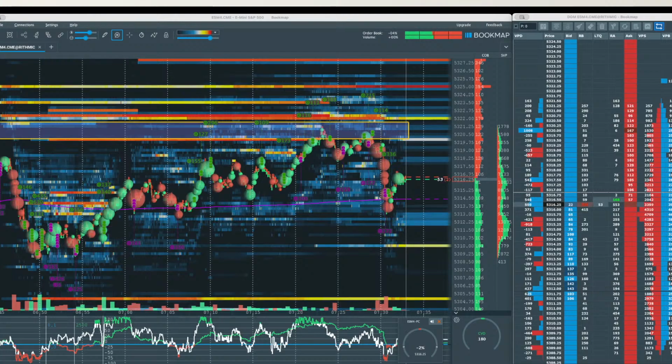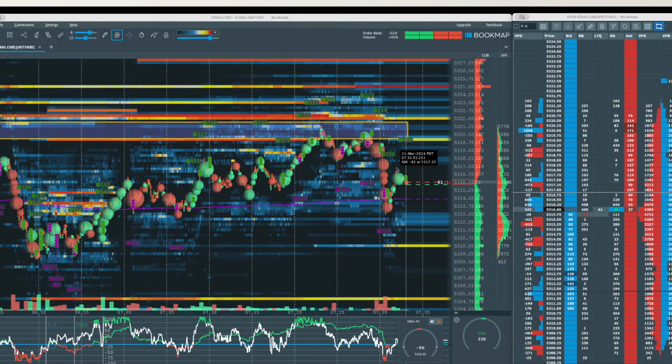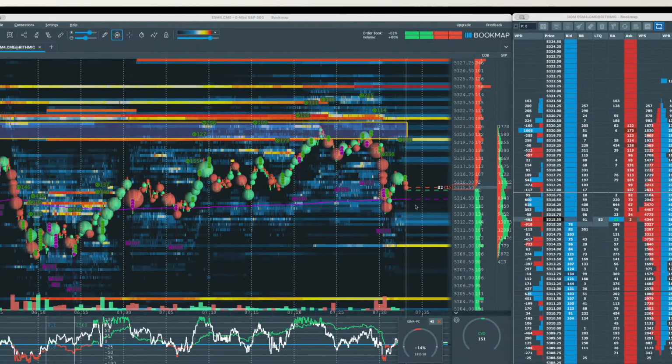This is some resistance here. Buyers are still strong. Sweep ESM for CME buyers at 5,316.5. So it needs to break this 53.13.